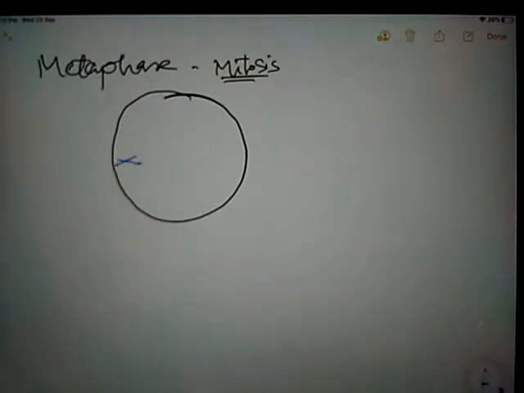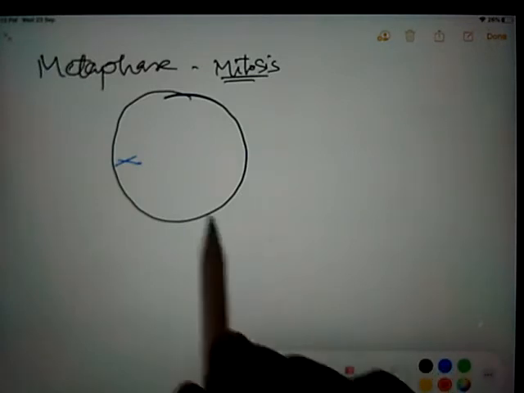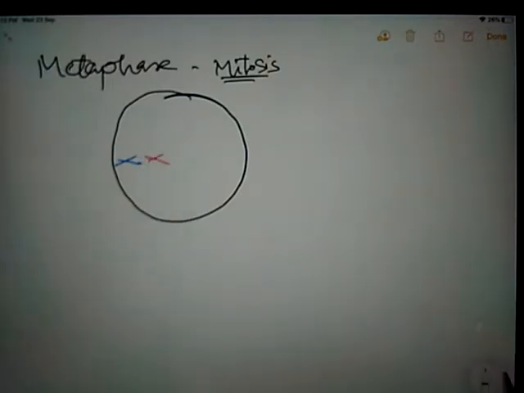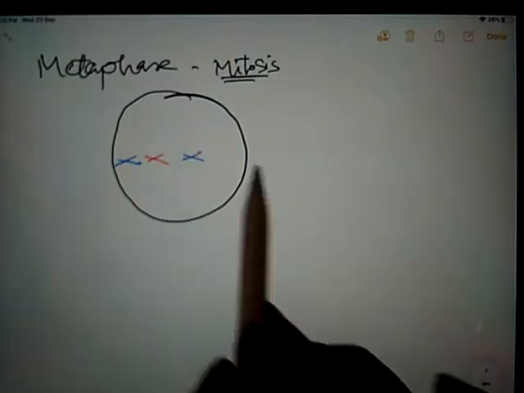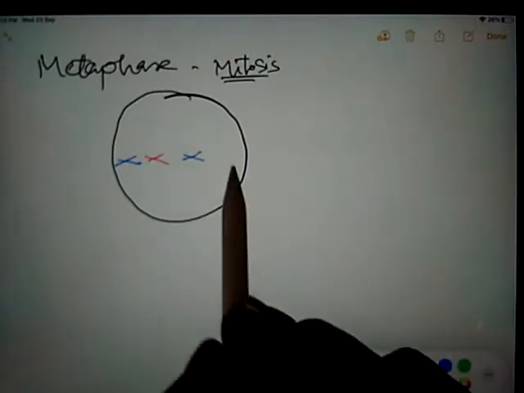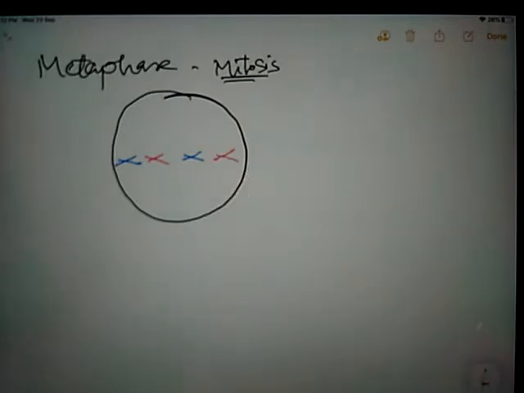For example, this is one maternal, this is the paternal copy, and its complementary chromosome is here.